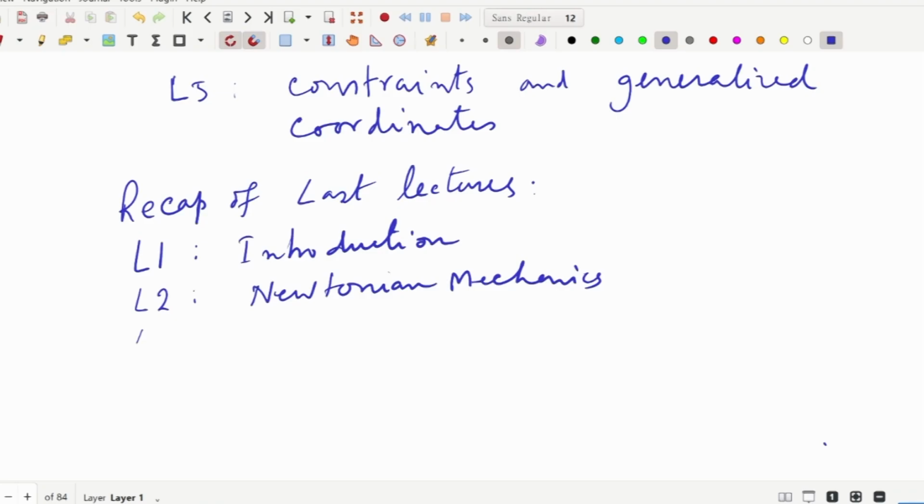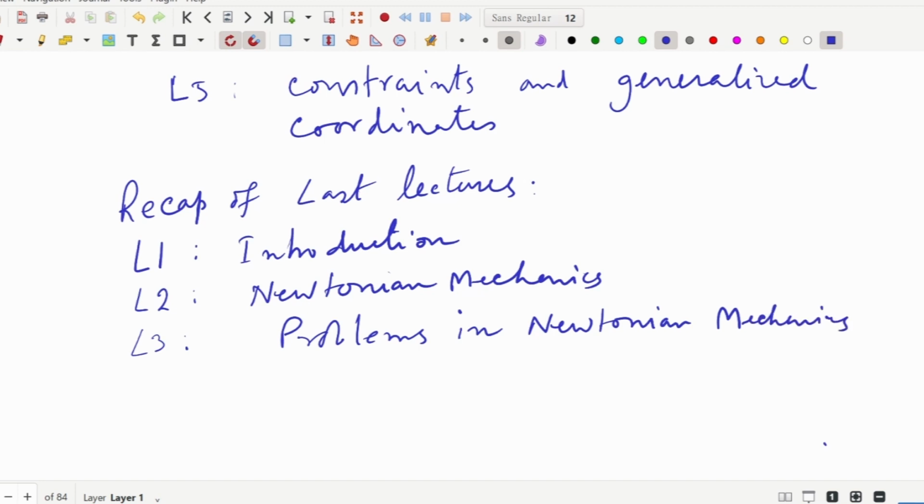Then in lecture 3 we continued with Newtonian mechanics and found the difficulties, disadvantages or problems in Newtonian mechanics. Then in the last lecture, lecture 4, we discussed how this can be overcome and the need for a new formulation.